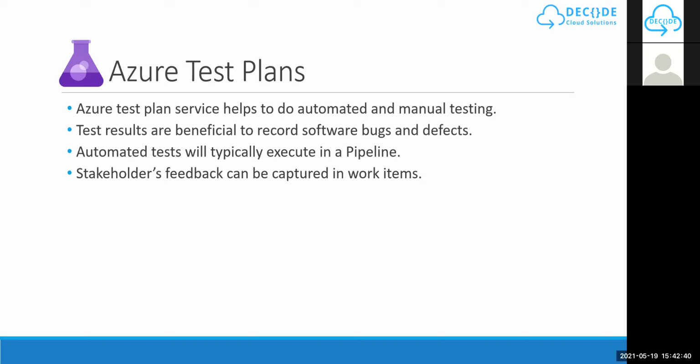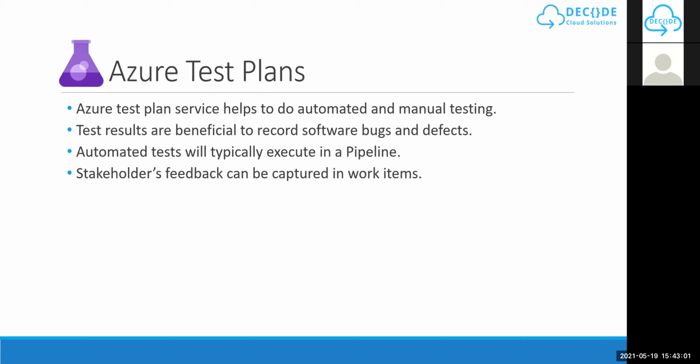Now, these test results are beneficial to record software bugs and defects, as we know, and automated tests will typically execute in a pipeline. So if you opt for the automated test, you don't even need any kind of manual intervention there. And stakeholders' feedback can be captured in the work items.